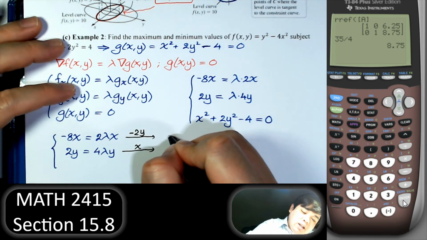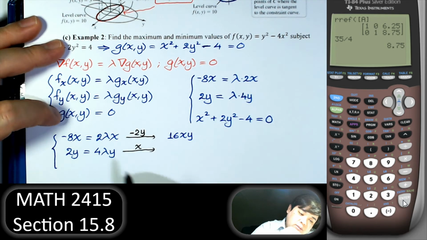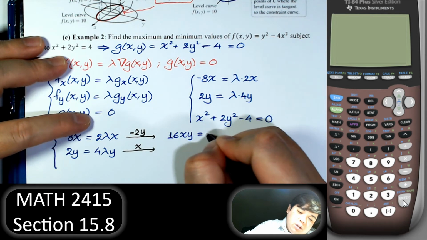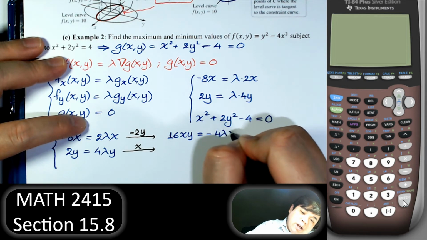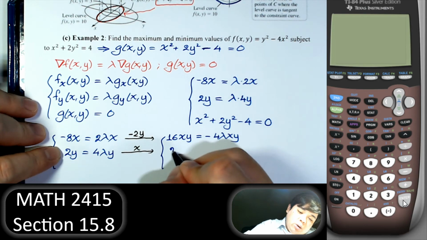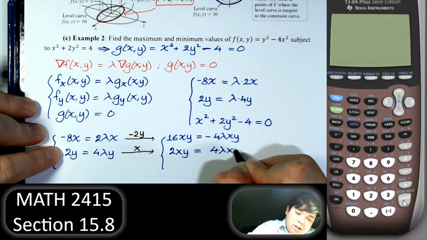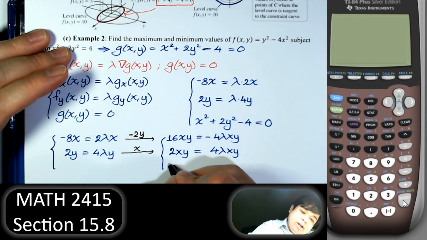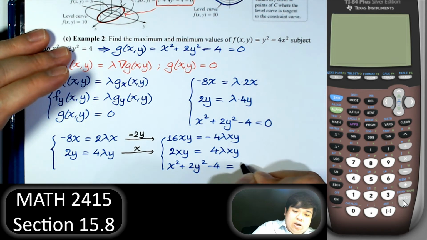So we have 16xy equal to negative 4 lambda xy, and 2xy equal to 4 lambda xy. And then we still have x squared plus 2y squared minus 4 equal to 0.